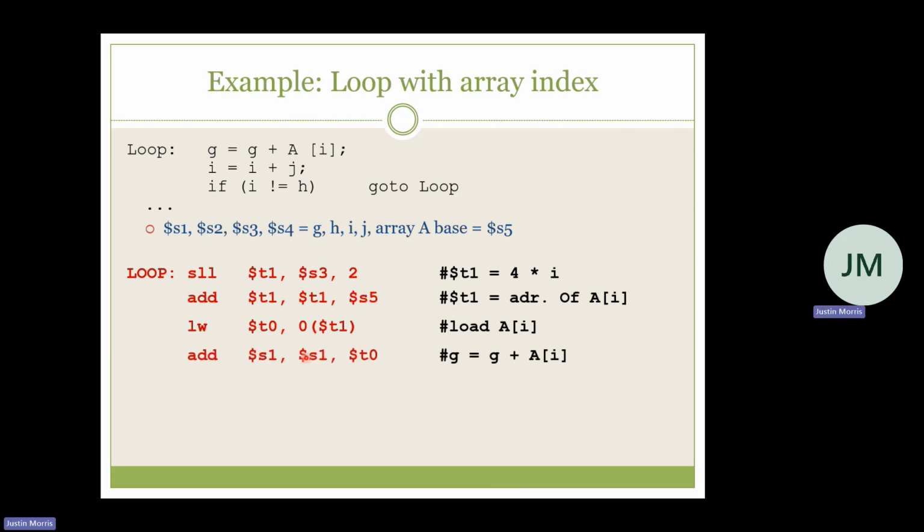And then now we're going to add 2G, and we're going to add the data from memory, which is in T0. And then next we're going to increment I. Now that we've done all of the computes before our check, the next thing to do is branch not equal.